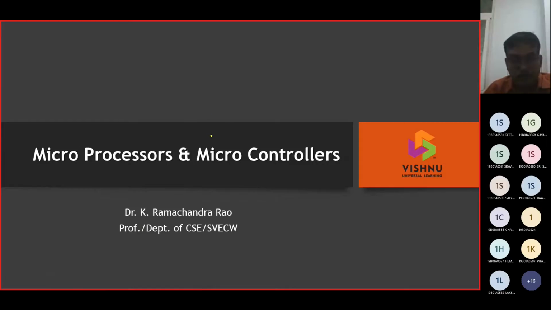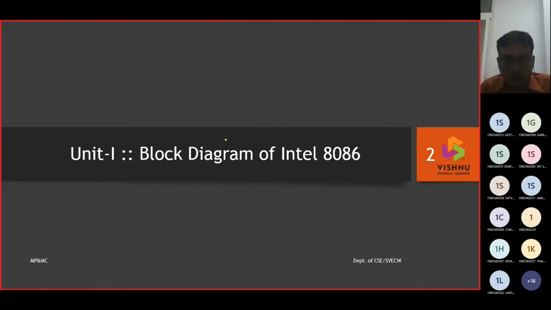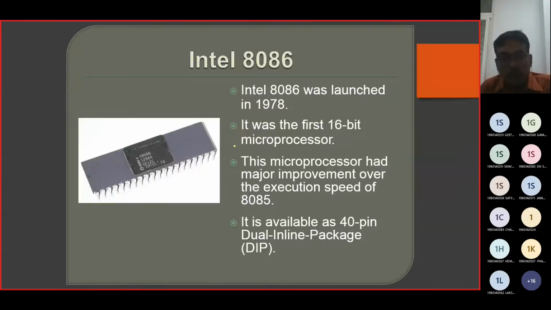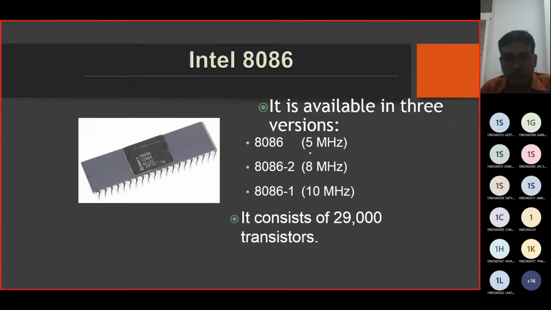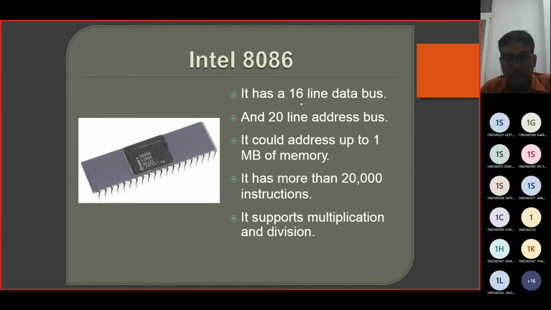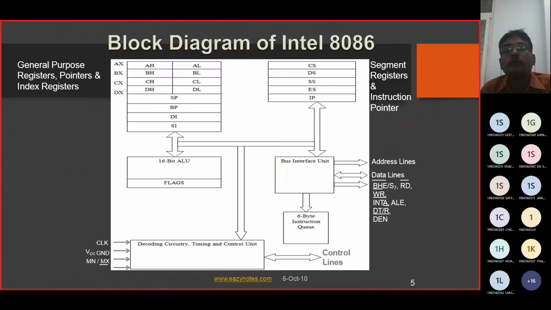Coming to this block diagram, we had enough discussion on the block diagram, and we were talking about the architecture, its versions, 20-line address bus, 16-line data bus, 1 megabyte of memory.